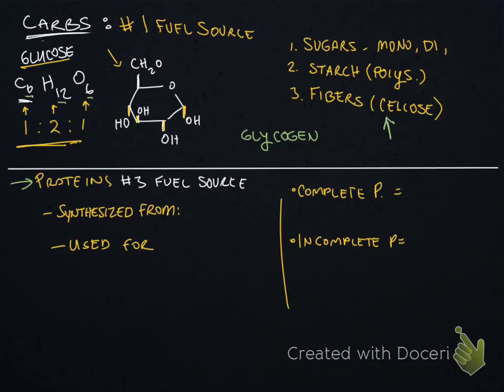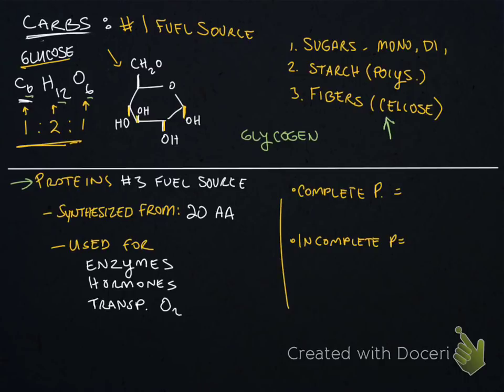Well, like we said, let me back up a bit. They're synthesized from 20 different amino acids, and they can be used for things like enzymes, hormones, and even to transport oxygen in the body.